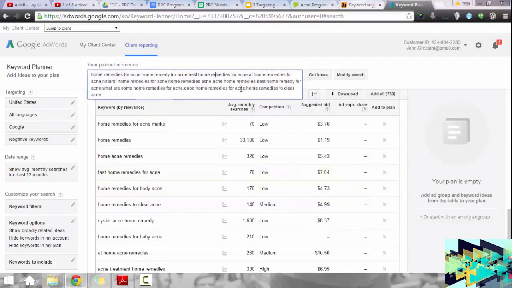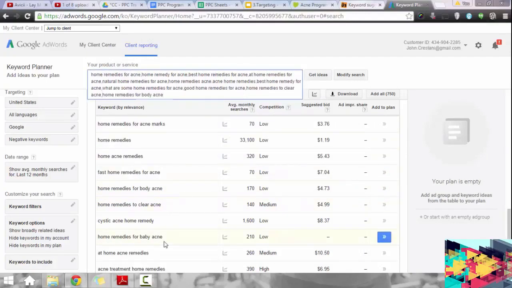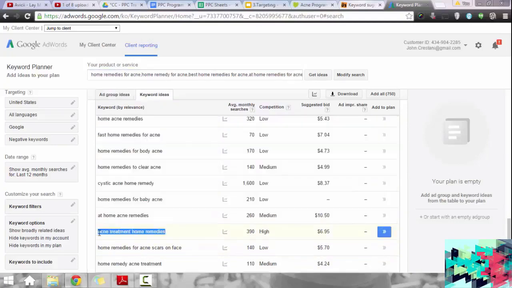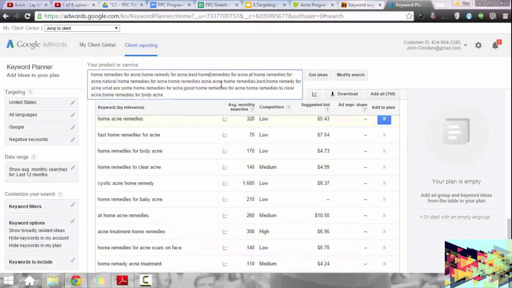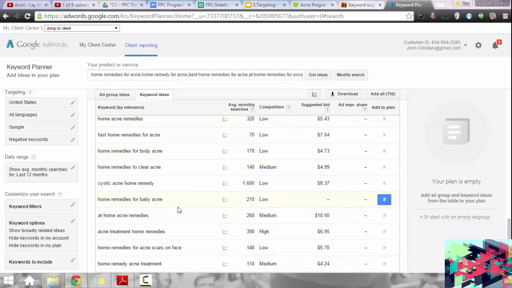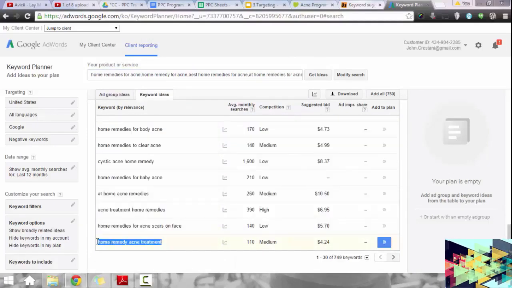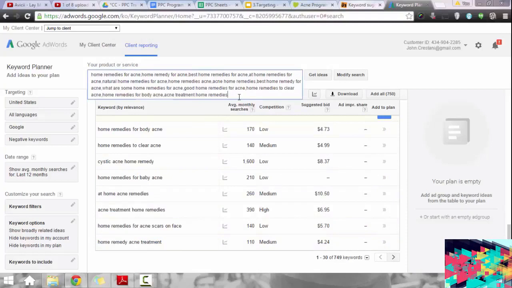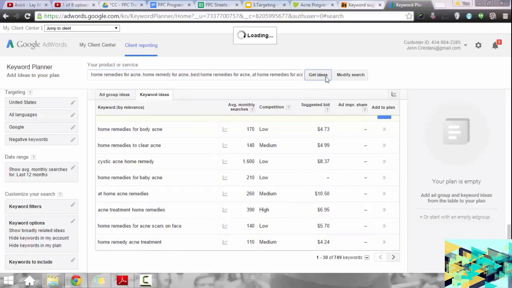Body acne. And let's see, this will be, I think, one of the last ones. We could do this for ages. But let's see how this works out first.